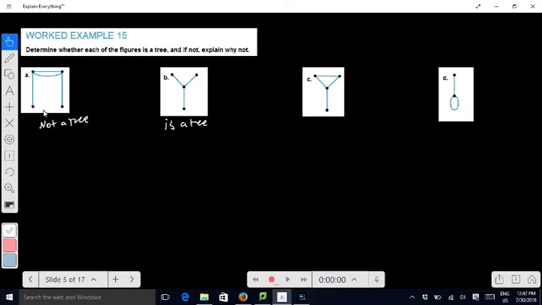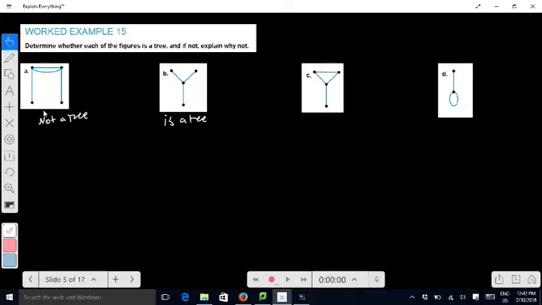This one here is not a tree because of this situation here. I've got a cycle. Right, I can start at one and end up at that one. And part D is not a tree because I've got a loop down the bottom there.